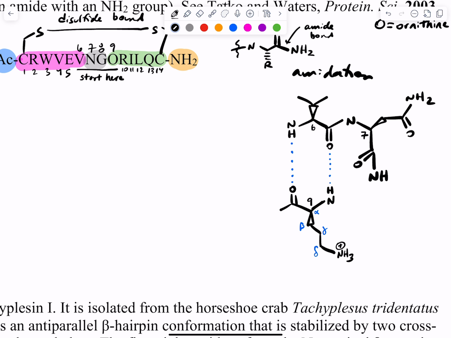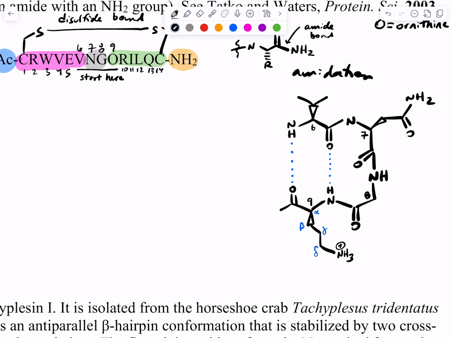Then we'll draw the bond to the glycine alpha carbon, then the bond to the carbonyl carbon, and then the bond to the next. Okay, so this is amino acid 7. This is amino acid 8.